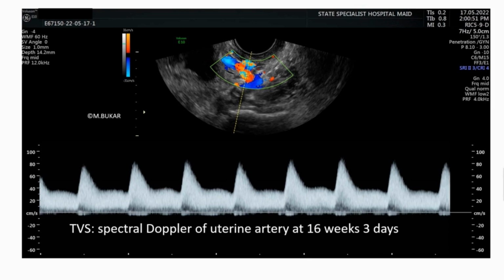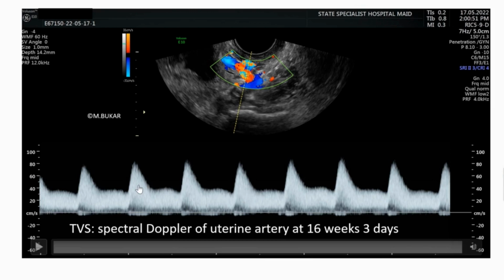But transient and shallow notches may actually be due to uterine contractions. Uterine artery Doppler for second trimester is best performed towards the 24th week of gestation.